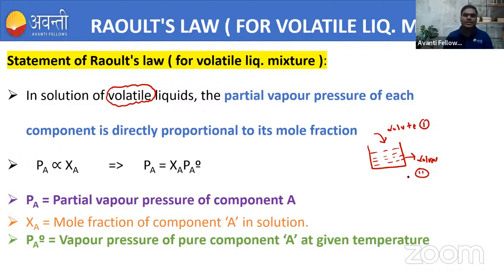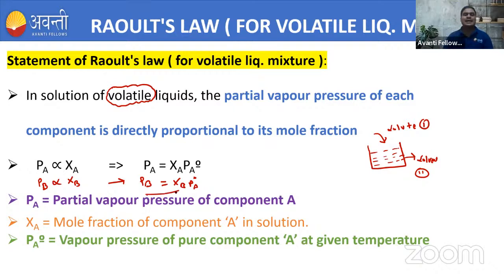If you want to calculate the pressure of component A, PA is directly proportional to its mole fraction XA. Similarly, PB is proportional to the mole fraction of B, so PB comes out to be XB into P naught B.